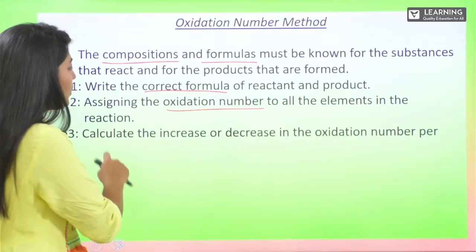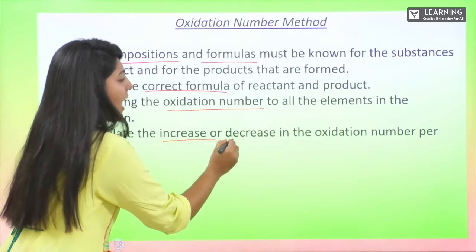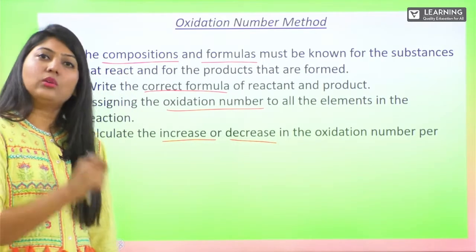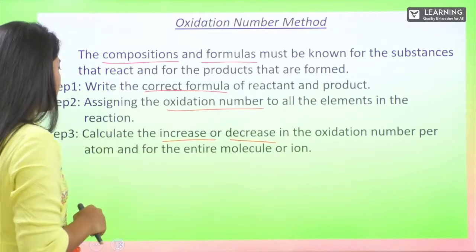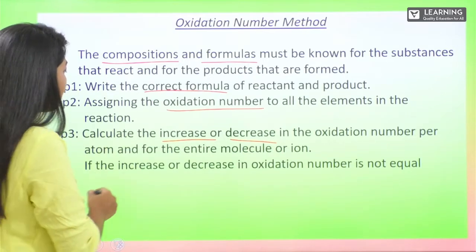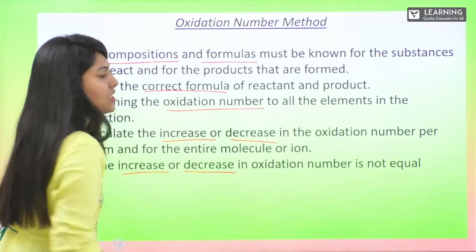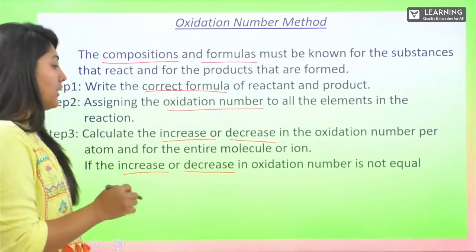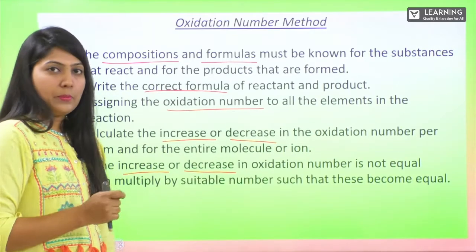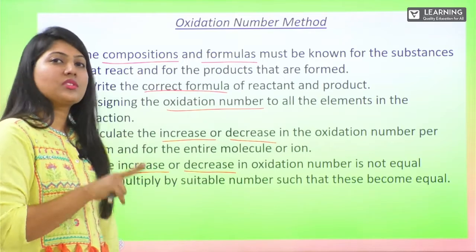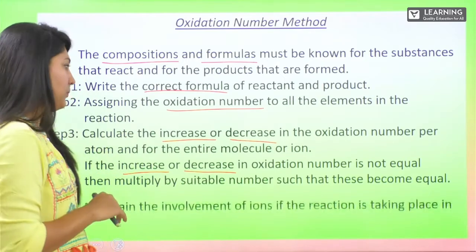Next, we calculate the increase and decrease in oxidation number. Then only we will understand which is being reduced and which is being oxidized. If the increase or decrease in oxidation number is not equal, then we need to multiply by suitable numbers such that both the changes become equal.